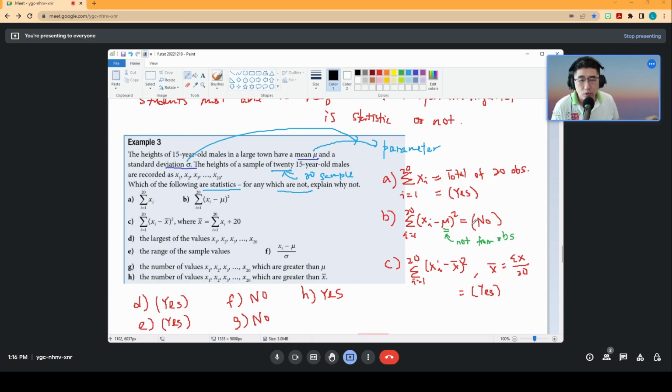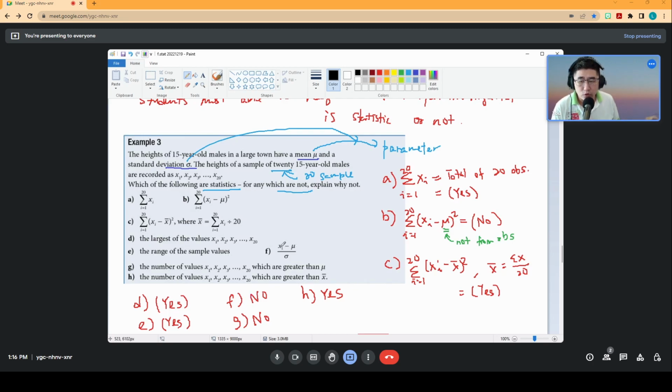B is not a statistic because mu here is not from observation. C is a statistic because x̄ also comes from the observation. D, the largest value, is yes because it is actually an observed value. E, also from observation.